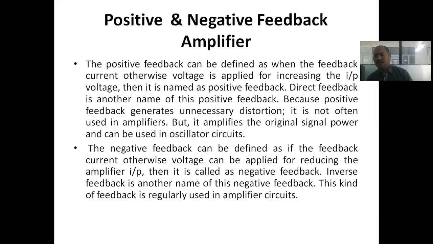It doesn't reduce the gain of your amplifier, right? So if we use an amplifier, we must apply negative feedback, which reduces the gain of the amplifier but stabilizes the gain, right?